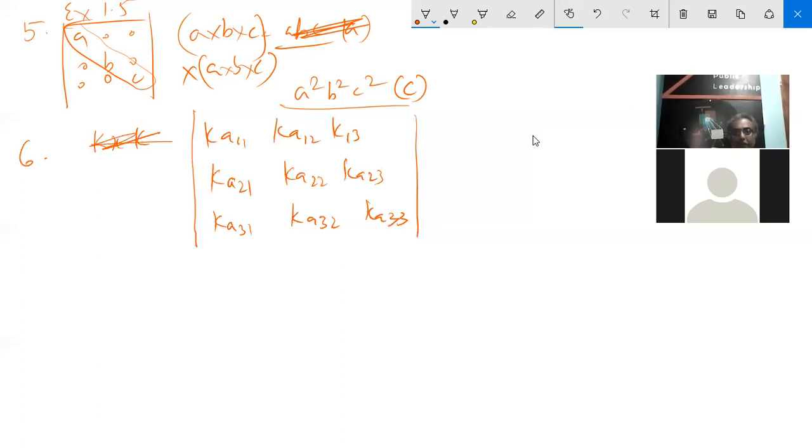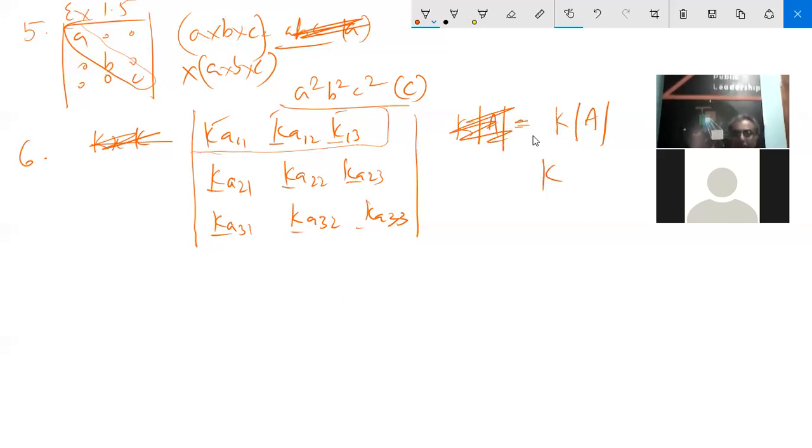If you multiply only one row, K into A, only one row becomes K into A. This row alone you multiply by K, it becomes K into A. But you are multiplying the second row also, the third row also.